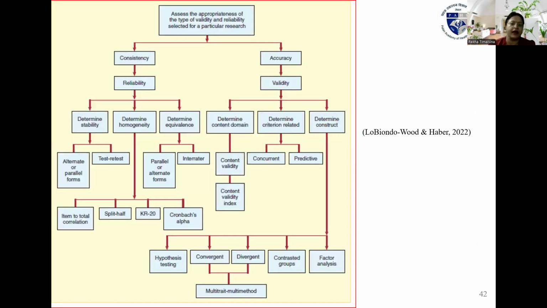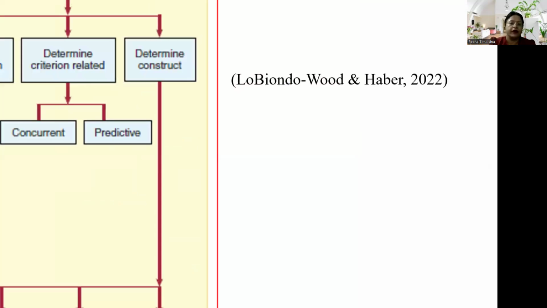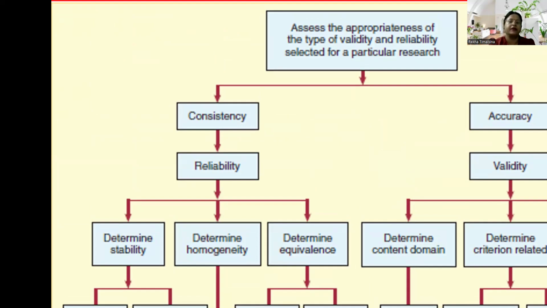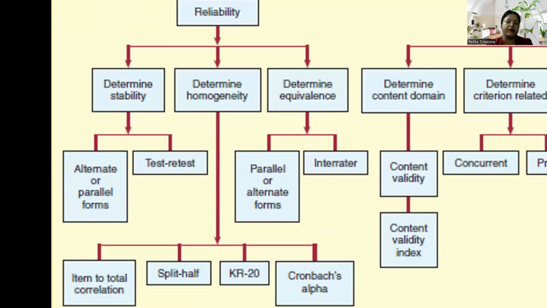And this is the summary slide of our today's discussion. We need to assess the appropriateness of the types of validity and reliability selected for a particular research. It is divided into consistency and accuracy. Consistency refers to reliability. Reliability can be determined by stability, homogeneity, and equivalence tests. For determining stability, we can choose alternate or parallel forms of reliability as well as test-retest reliability.